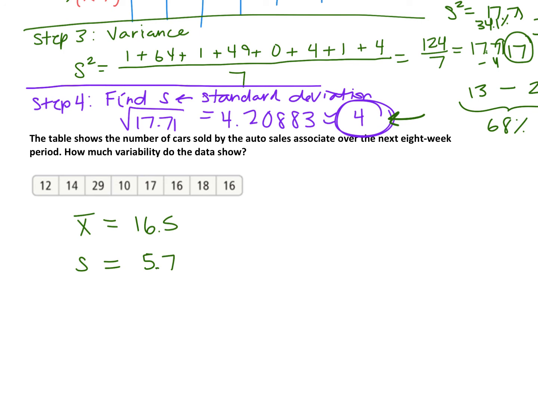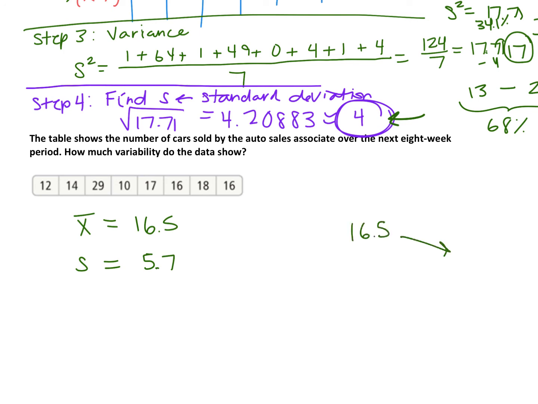All right, so because the standard deviation is 5.7, it's a higher number. That's showing more variance in the data. So if we think about it, the mean is 16.5.